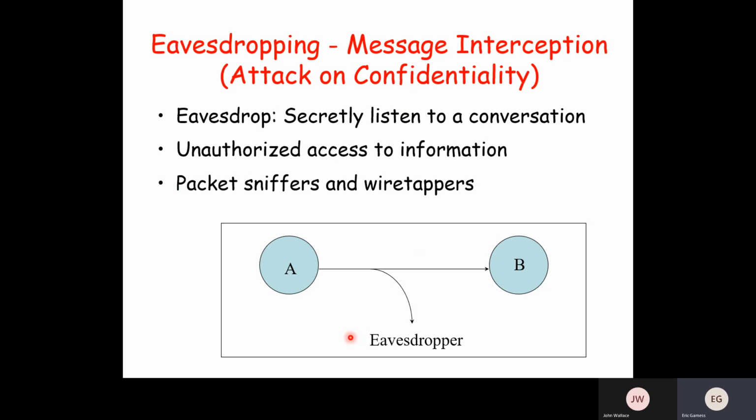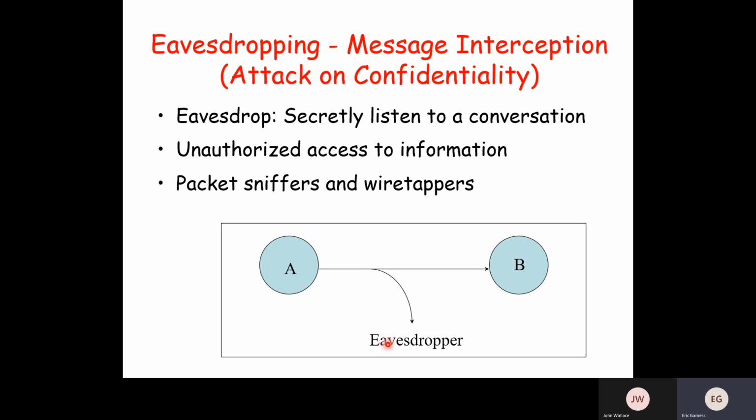So here we are going to talk about what eavesdropping is. Eavesdropping is listening to a conversation when the people are not aware that you are listening. So you secretly listen to the conversation. For example, here we have Alice and Bob. Alice is sending something to Bob, and Trudy here is in the middle of the conversation. She gets a copy of what they are saying, but neither Alice nor Bob knows that Trudy is getting the information that they are exchanging, okay?